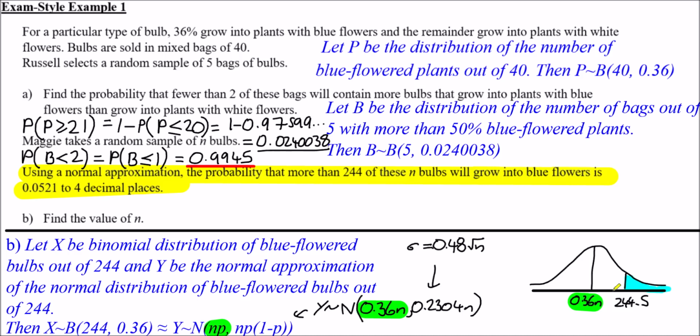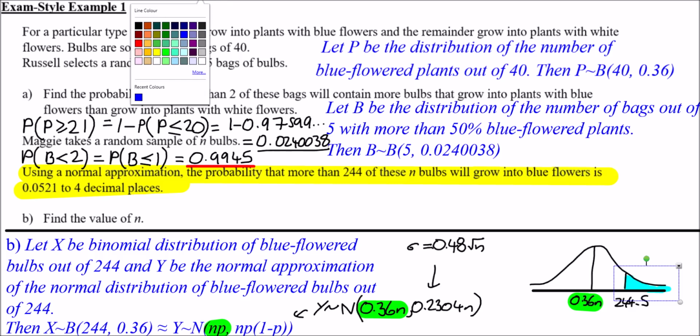And we're told in the question that this proportion is 0.0521. So in fact, this proportion here is 0.0521. So I can change the colour of that to the yellow.